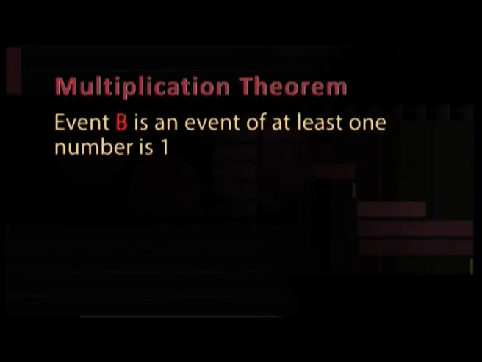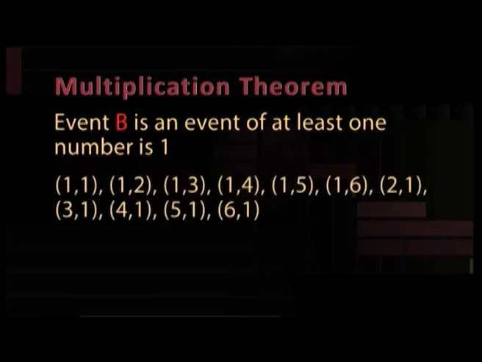Event B is an event of at least one number is 1. That is 1 1, 1 2, 1 3, 1 4, 1 5, 1 6. We also have 2 1, 3 1, 4 1, 5 1 and 6 1.